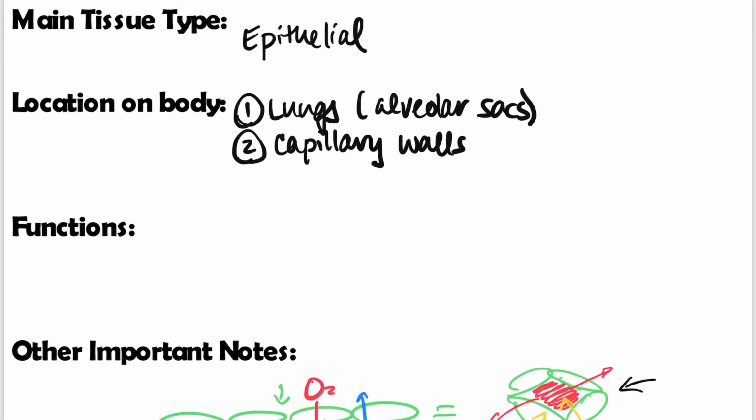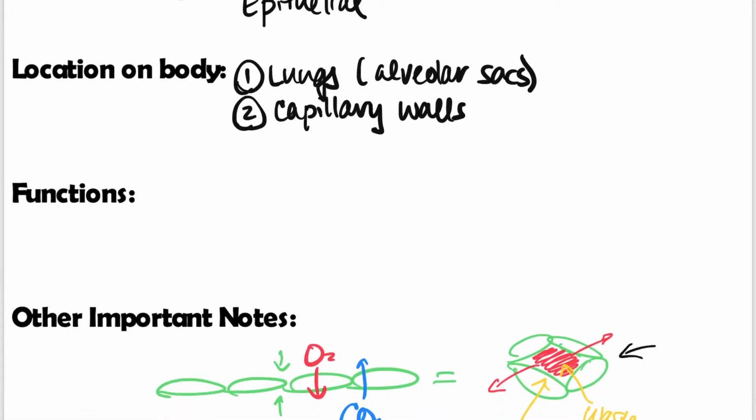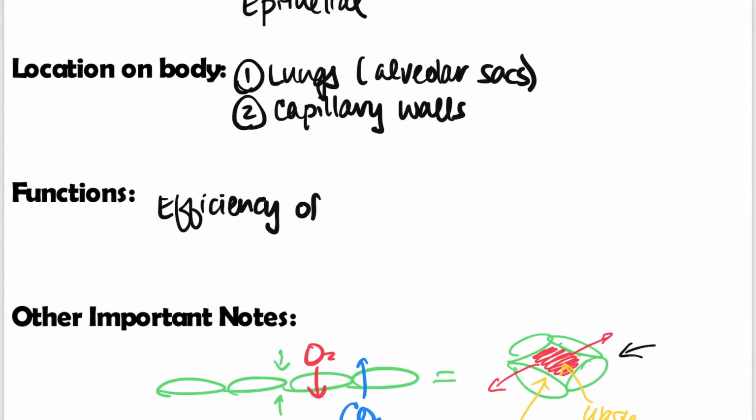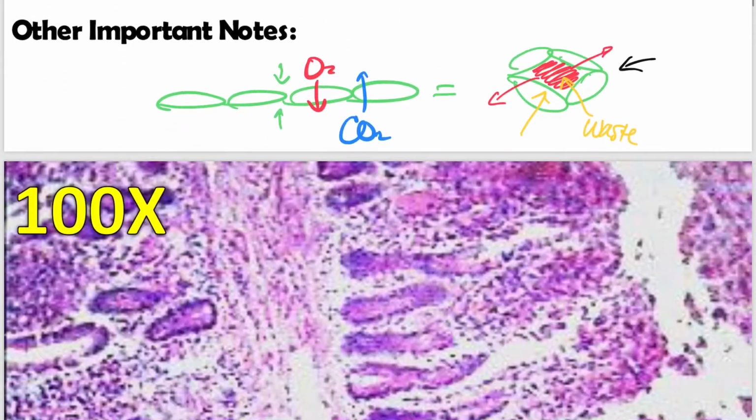And the reason, remember, you have this really, really thin layer of cells is all about exchanging nutrients and waste products efficiently. So I'm going to write down the efficiency of exchange. All right. Okay, so that's one of our flashcards down.